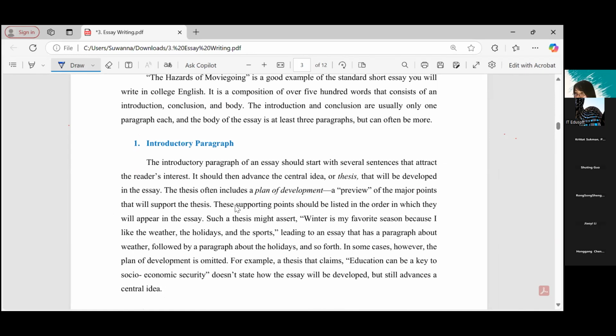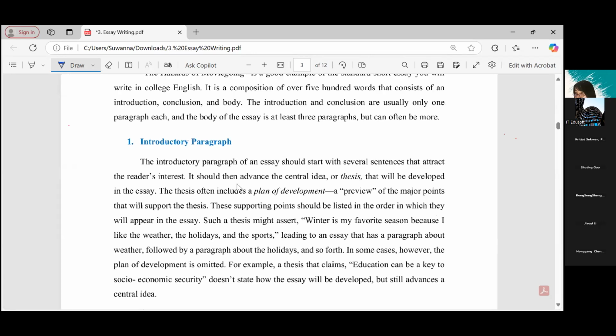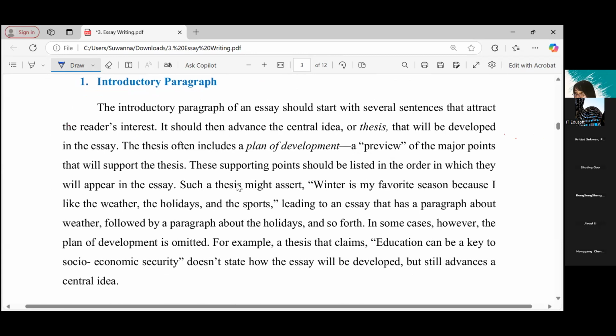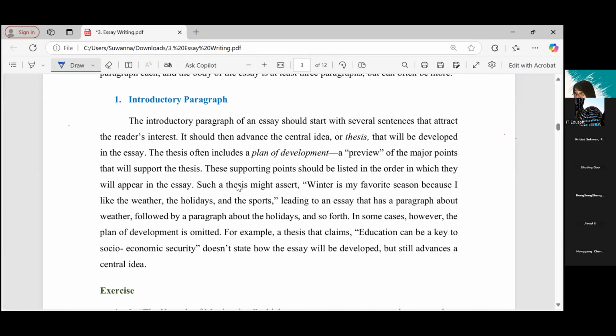Now, I'd like you to draw your attention to the first part of the essay, which is what we call the introductory paragraph. And let me tell you, this introductory paragraph is very important because it functions as an audience attention grabber, right? Because if you cannot grab your audience's attention here, your entire essay will fail.